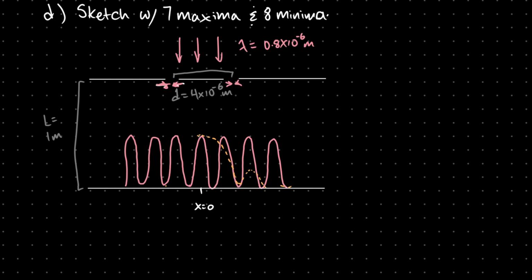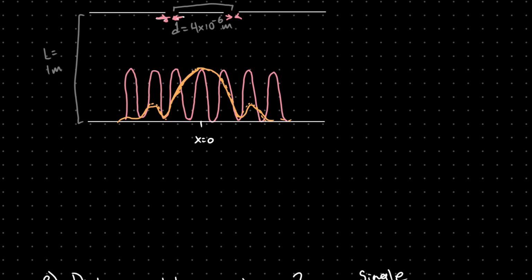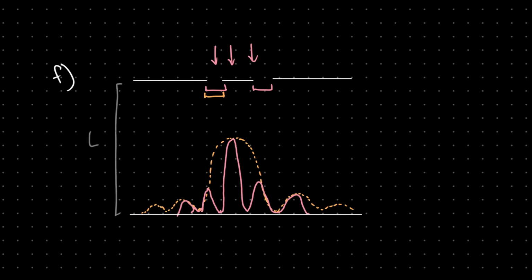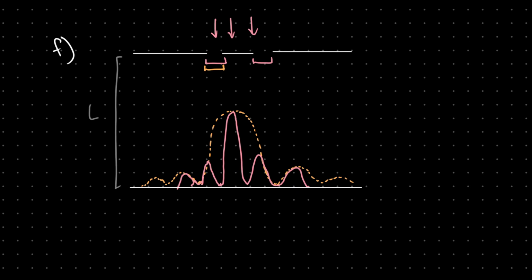So if you just kind of imagine we put this kind of shape on top of this, right? You can kind of see that this is the result of kind of combining the two using something called superposition. I'm sure that you've heard that phrase before.